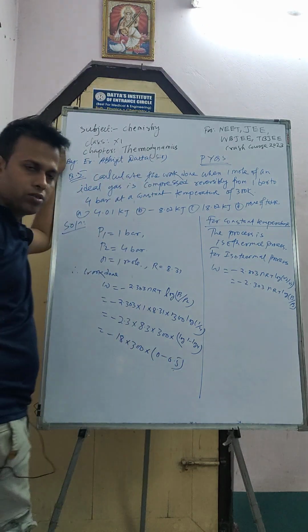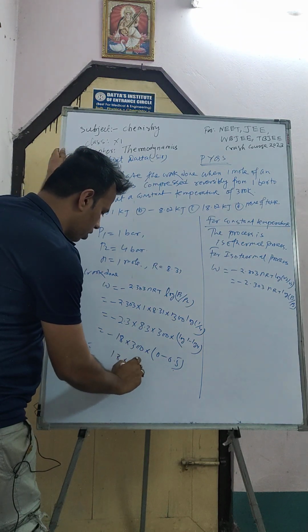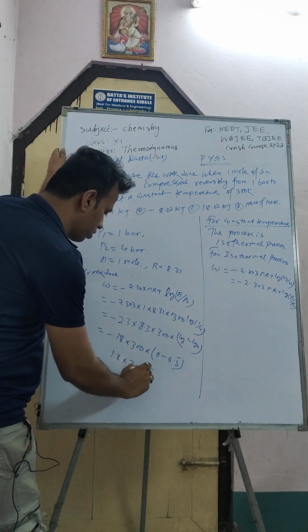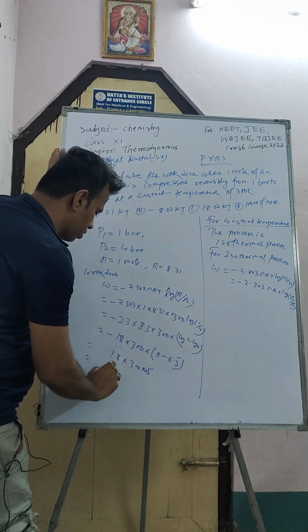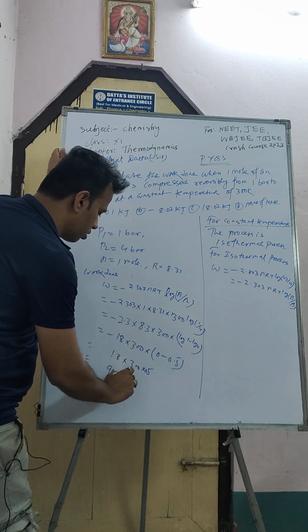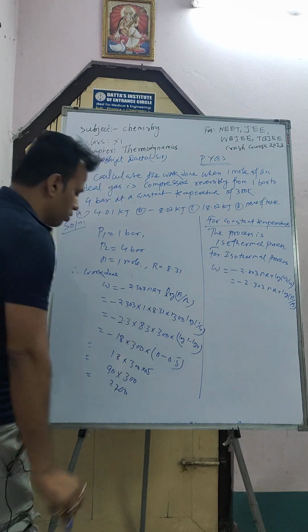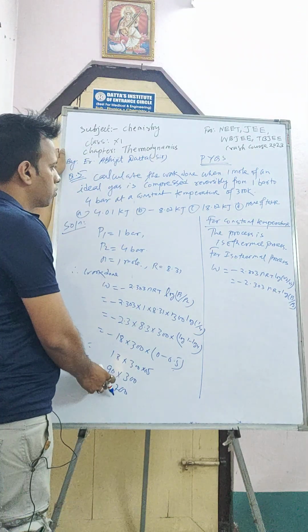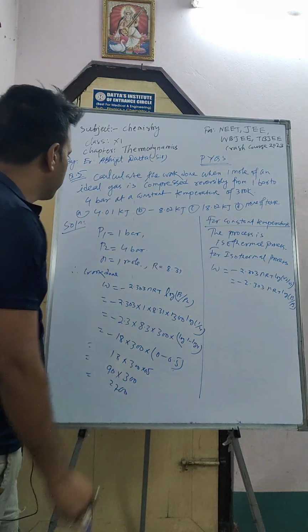So minus becomes plus. So 18 into 300 into 0.5. If you multiply this, it will be 9.0, that is 300, so 0 and 27. So near about this one, near to this. So 2 point something.